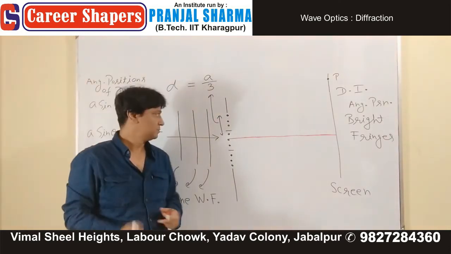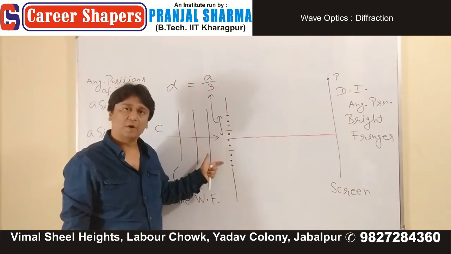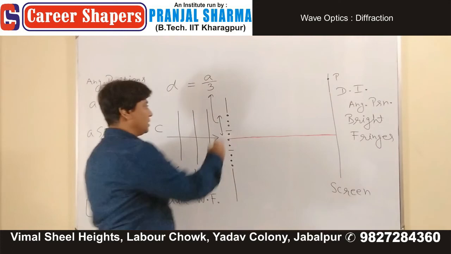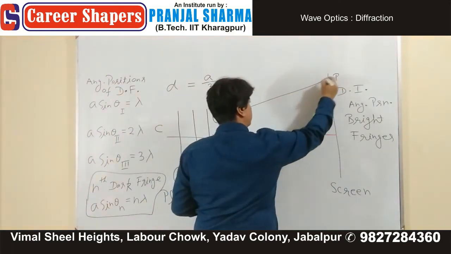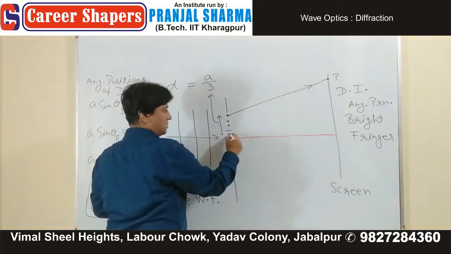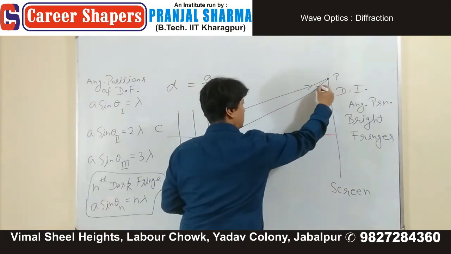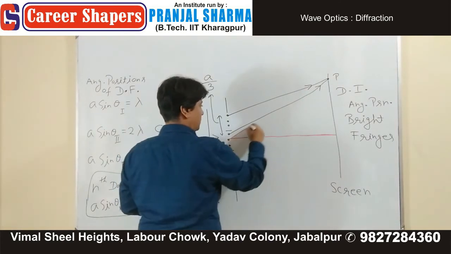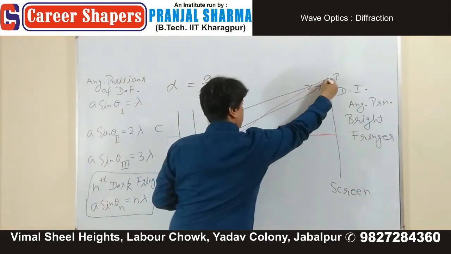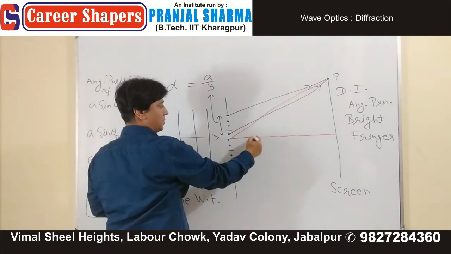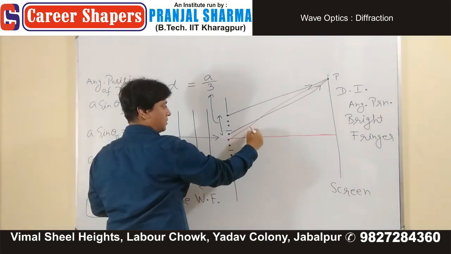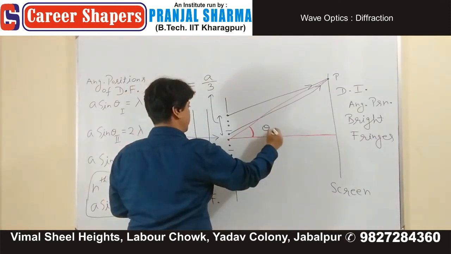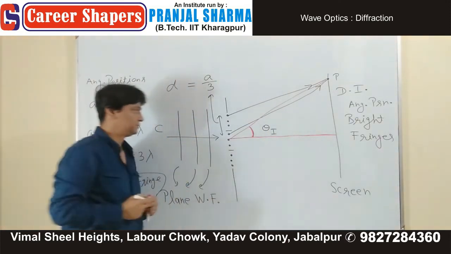A by 3. 3 partitions, and therefore first and first A by 3. When light reaches this point, this angular position is theta first.